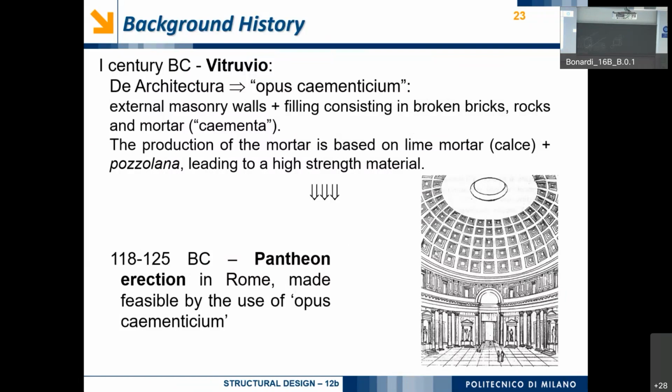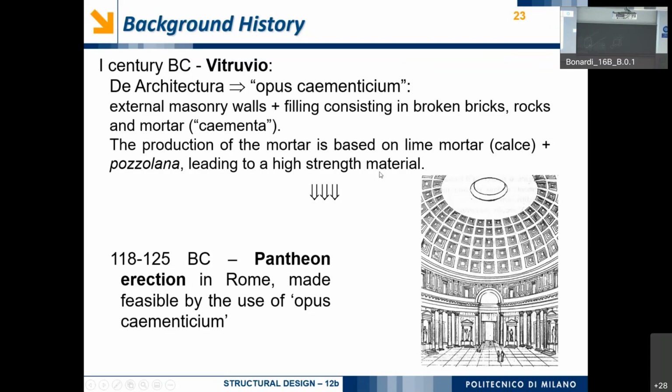Everything starts with the opus cementitium in the architecture of Vitruvio that allowed in ancient Rome even to build the Pantheon. That is a great cupola with a great dome with a very great diameter, and it was feasible. It was made feasible by the use of this material.